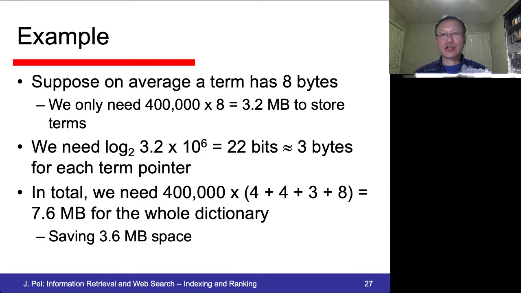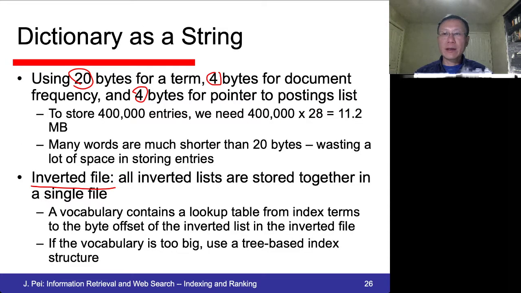Let's look at an example. Suppose on average, a term has 8 bytes. We only need 400,000 terms times 8 bytes, which is 3.2 megabytes, to store the terms. Then this is a huge saving compared to these 11.2 megabytes.